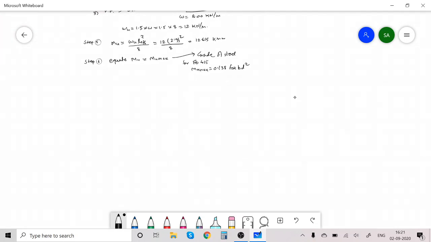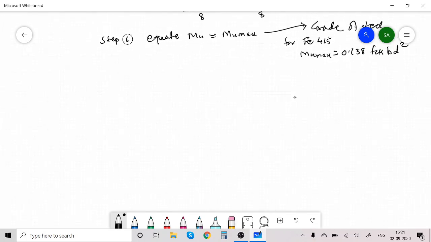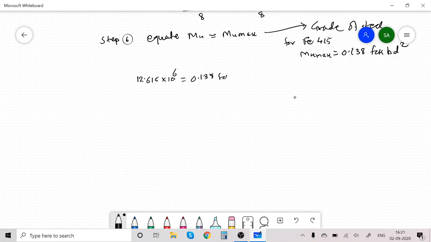So Mu is 12.615 into 10 raised to 6 is equal to 0.138 FCK BD square. Here FCK is 20 because the grade of concrete is 20. B is 1000 mm.